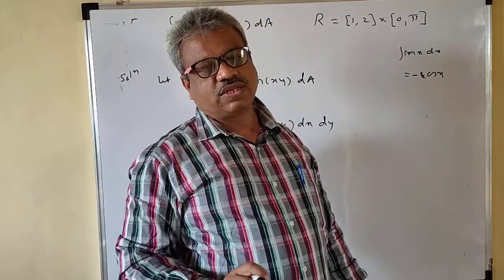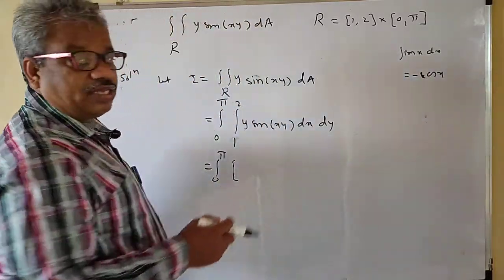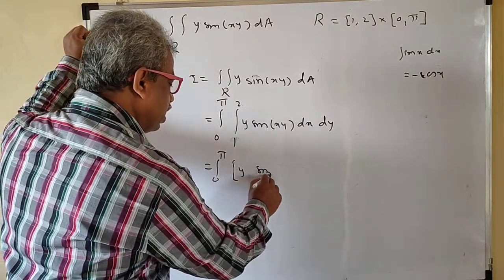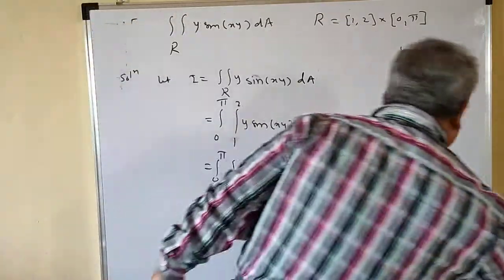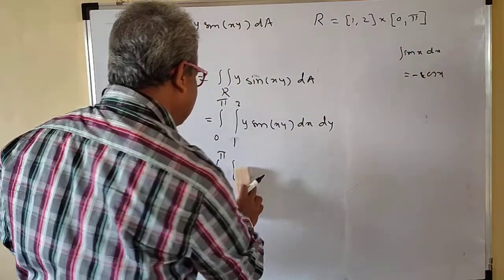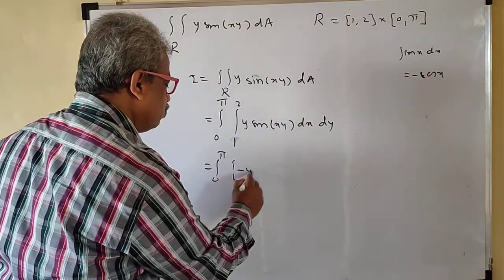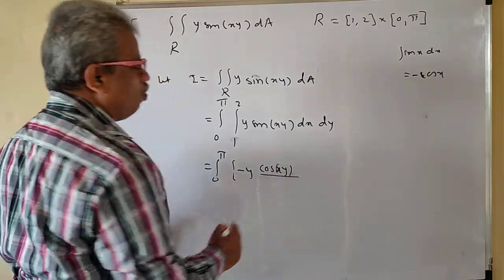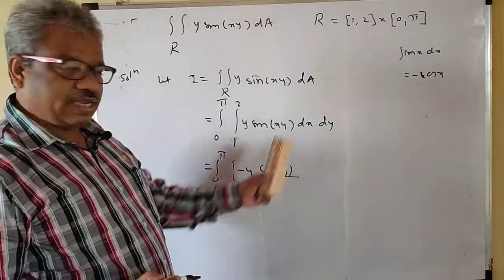So the integration of sin x is minus cos x. Your y stays as it is, so this is minus y cos(xy) divided by the coefficient of x, which is y, since we are integrating with respect to x.